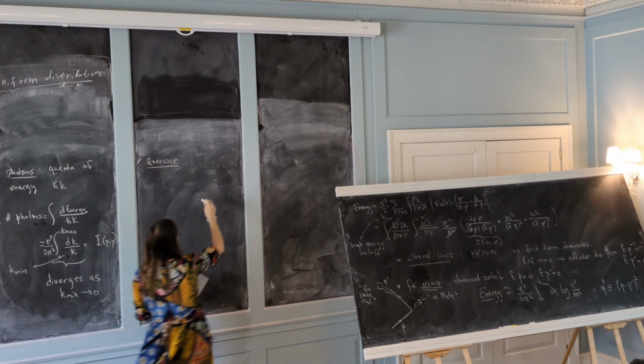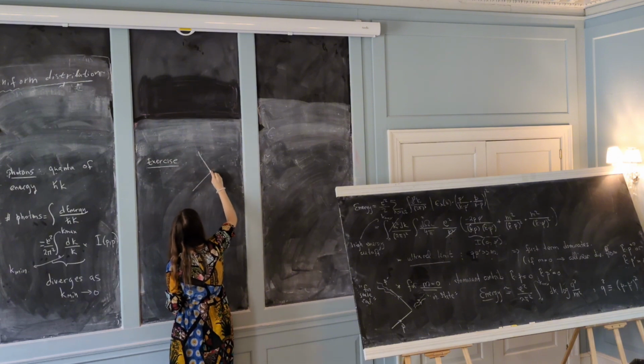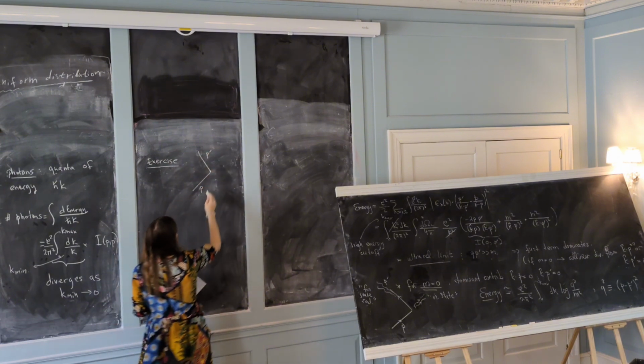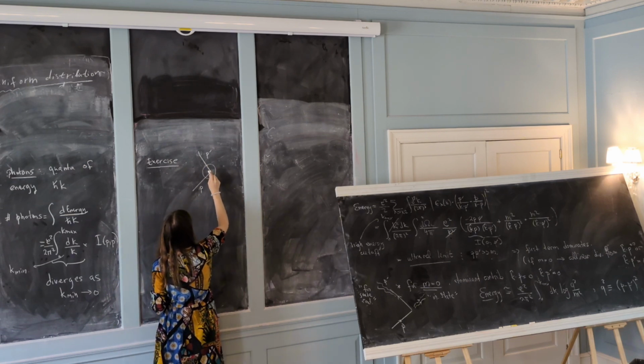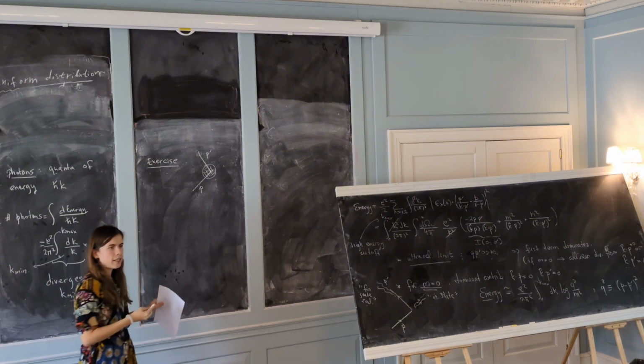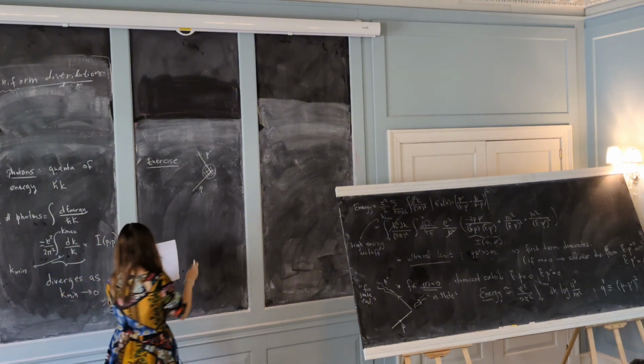I said we considered this idealized case where we had just a kick. But I also mentioned that the spectrum of this radiation is not affected by allowing this interaction to not be localized, but rather extended.